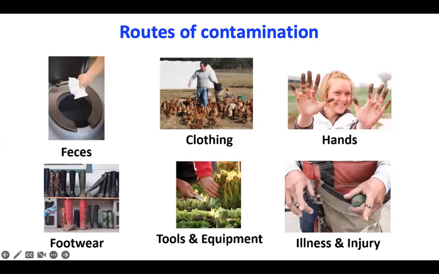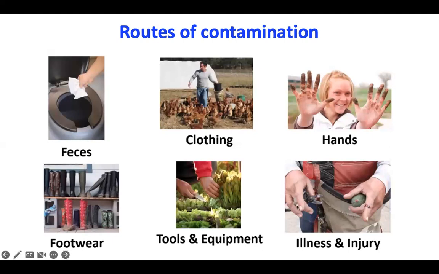And dirty hands in that picture, not only dirty but also carrying pathogens. If you have workers or any family members who are handling fresh produce, you want to make sure their hands are clean.